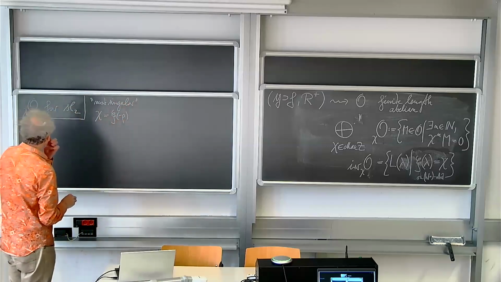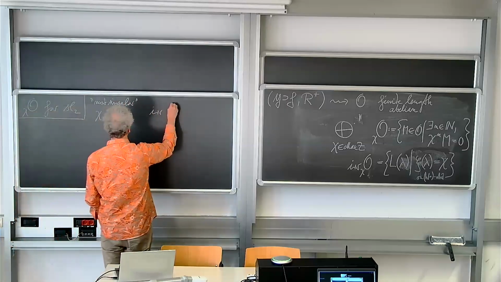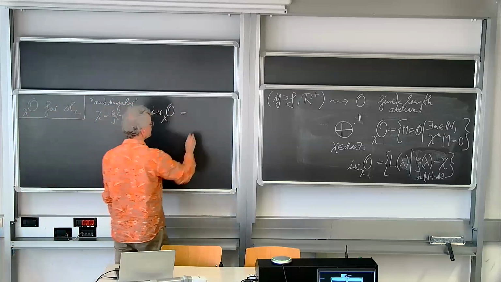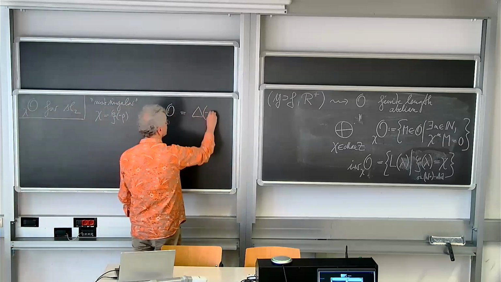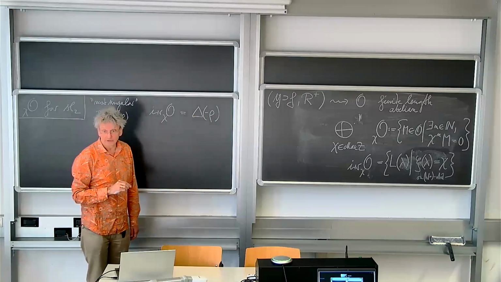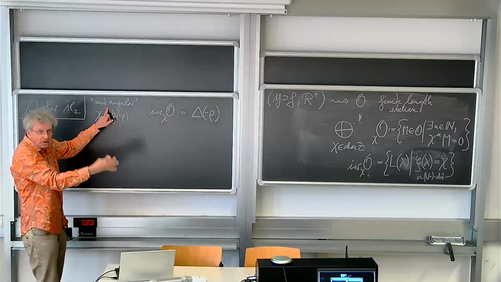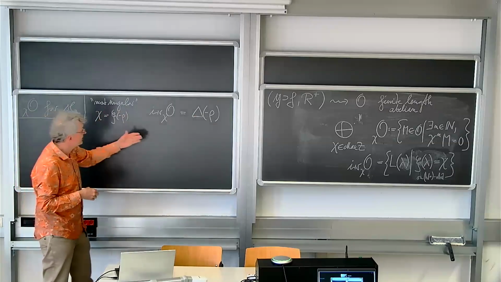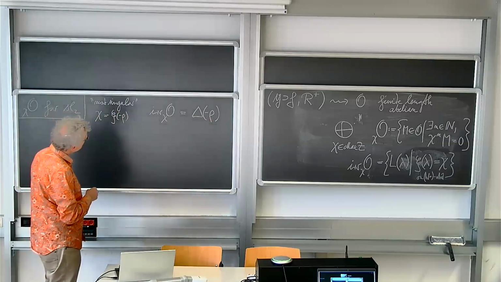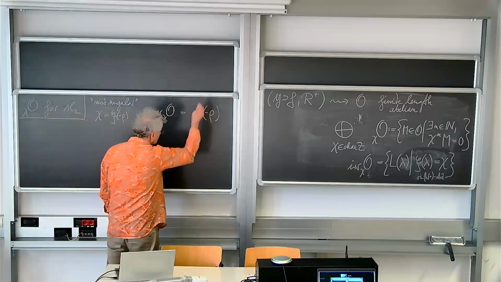In this case, the category O_chi has just one irreducible: the Verma module with highest weight minus rho, because this is fixed under the Weyl group. This is why it's called singular: the more elements of the Weyl group fix the parameter, the more singular it is. So there's just one simple object, because the Weyl group orbit is just one element.